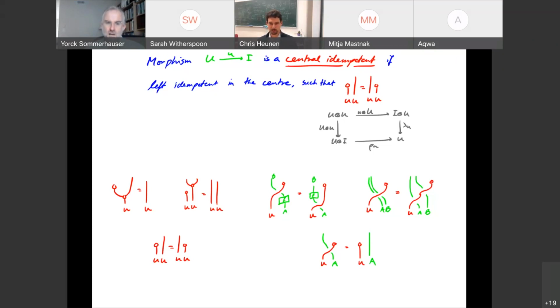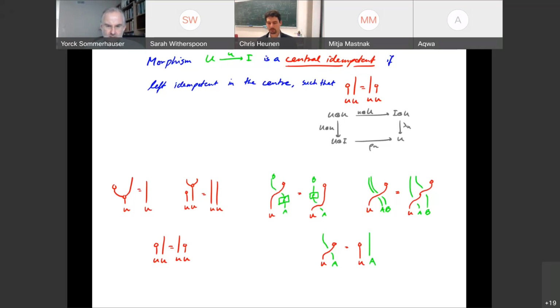So the left one says it's natural. There should be no dot there. But why not? It goes to the unit object after all.